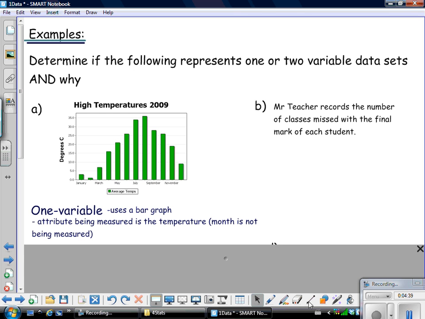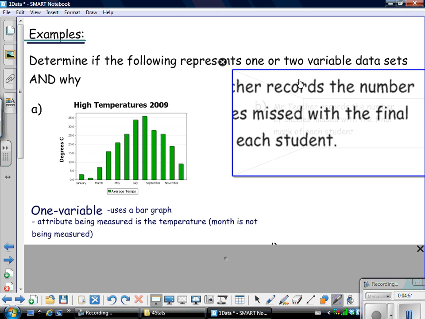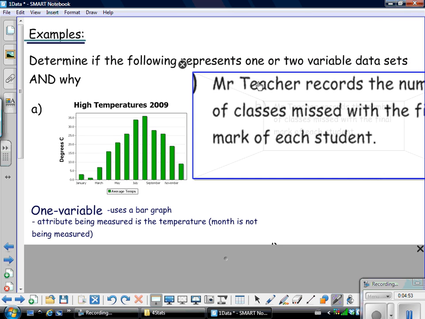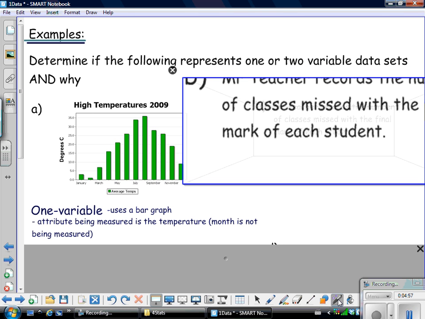The next one gives us a little scenario, and it says, Mr. Teacher records the number of classes missed with the final mark of each student.